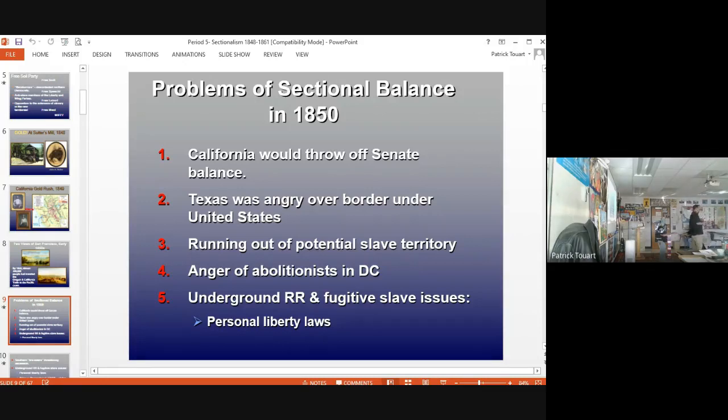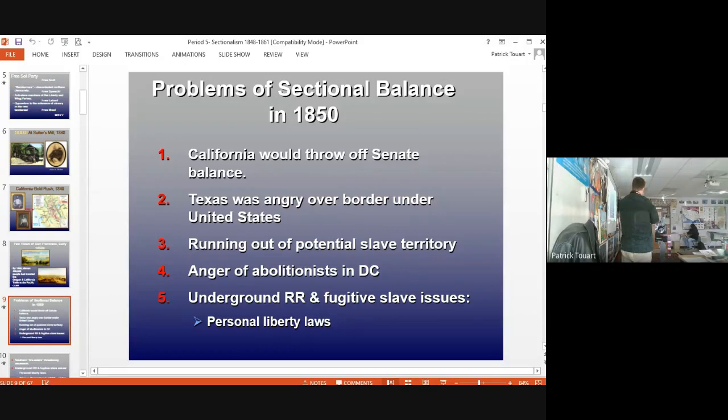So this is an act of nullification. You hear that? Northern cities and towns, we might call them sanctuary cities today, are saying we're not going to enforce a federal fugitive slave law. If runaway slaves get to our town, they're not slaves anymore. So they're called personal liberty laws.